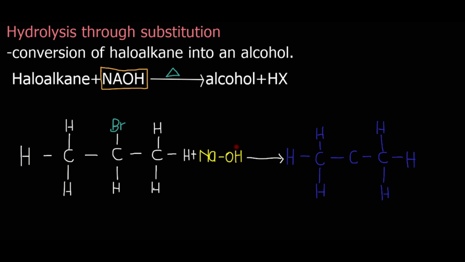We will take this OH and put it onto the halogen, and then take this halogen and bring it to the OH, because this is substitution. This means we will put this OH here, and then we will have NaBr as our side product, because we will have taken this Br and put it with the Na, so it will be NaBr.